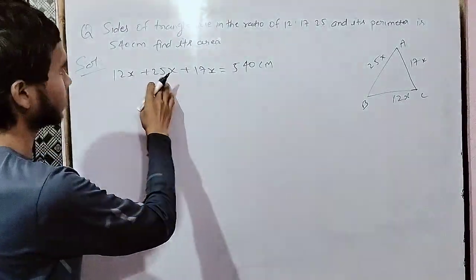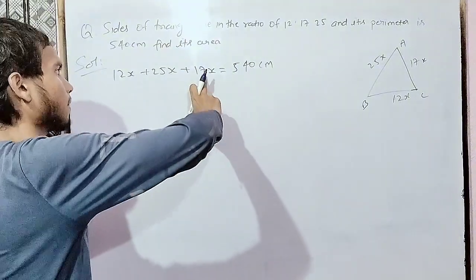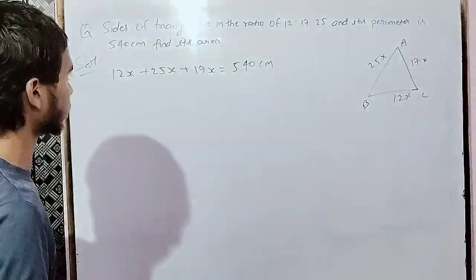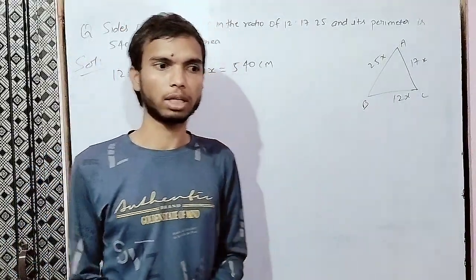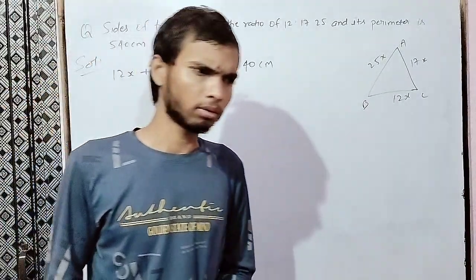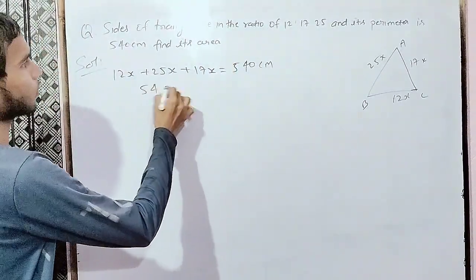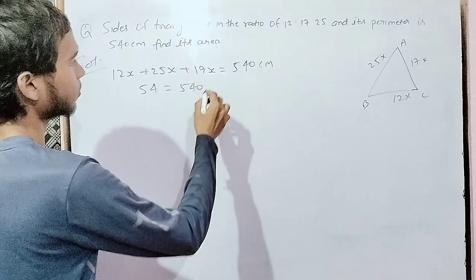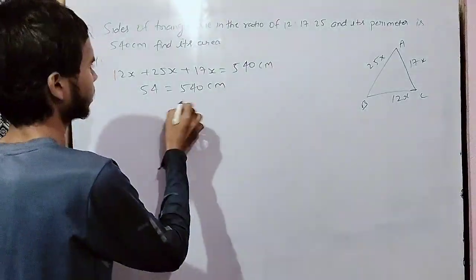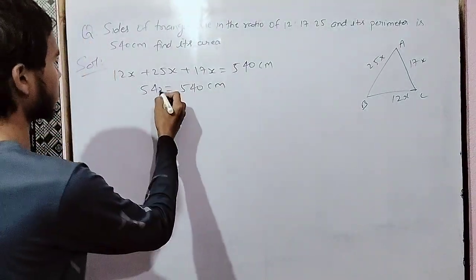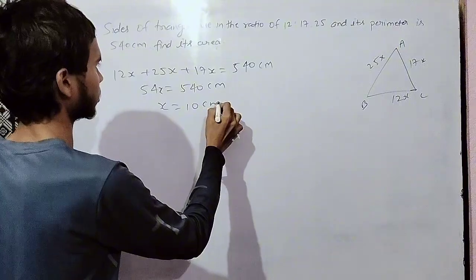So 12 and 20 is 32, and 25 is 57x, which is equal to 540 centimeters. So x will be how much? It will be 10, isn't it? So x is 10.